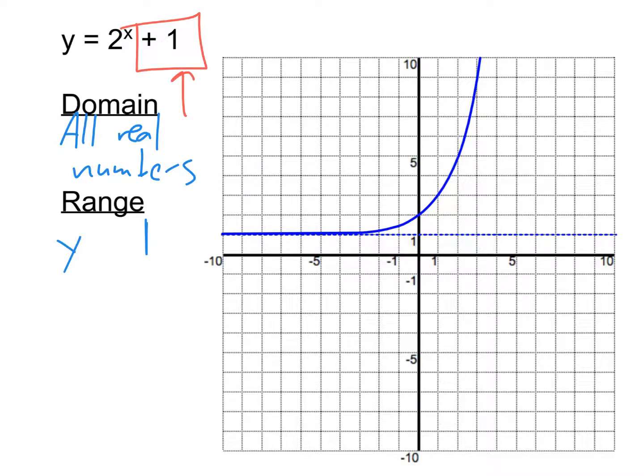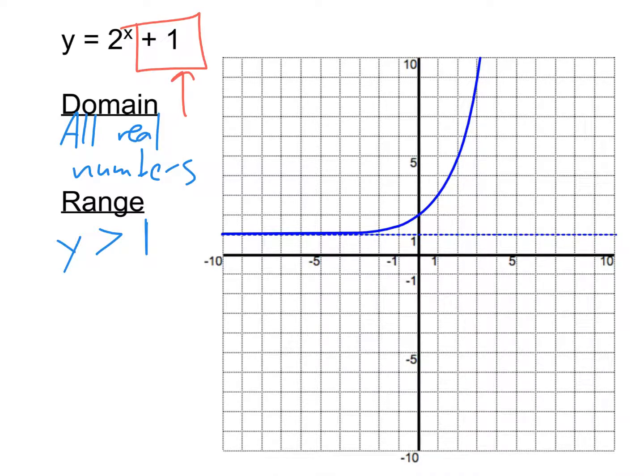This one is not going to be a greater than or equal to 1, because my graph never actually hits 1 here. It gets super close to it, but it never actually hits 1. And so since it can get as close to it as you could possibly ever want, but it can't actually reach 1, we say that y is greater than 1, not greater than or equal to.